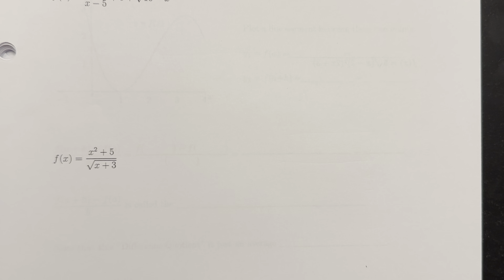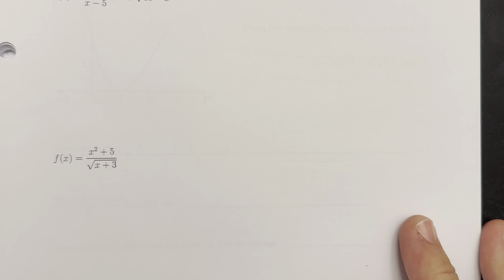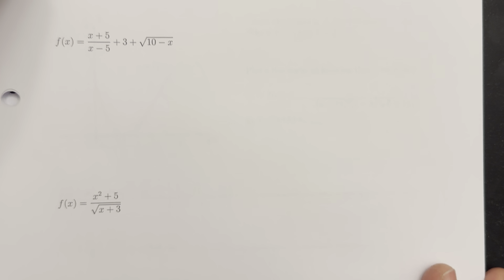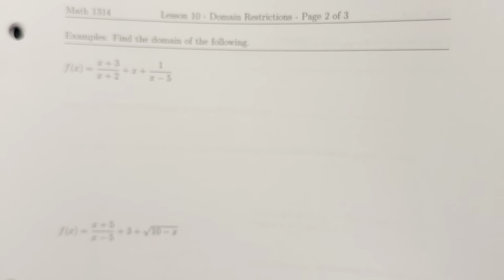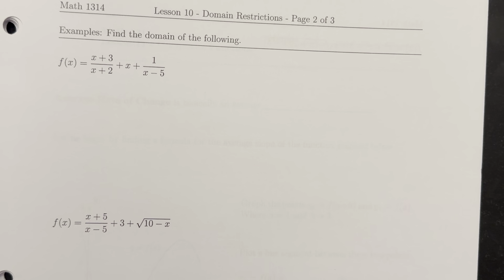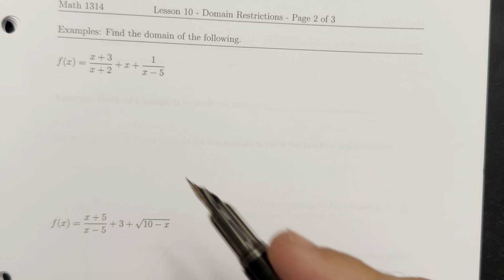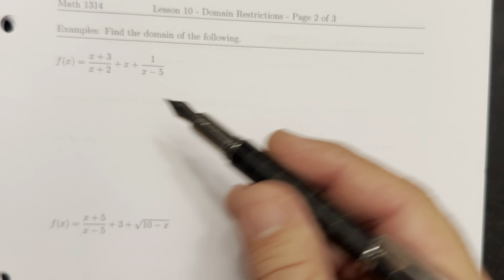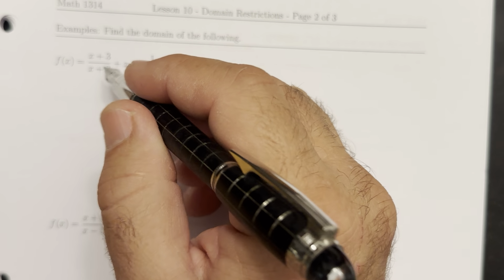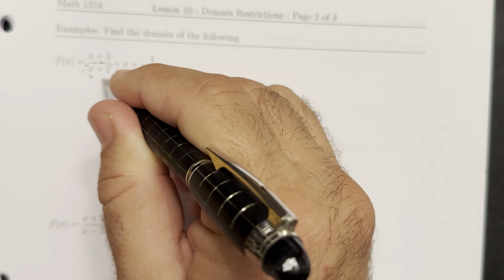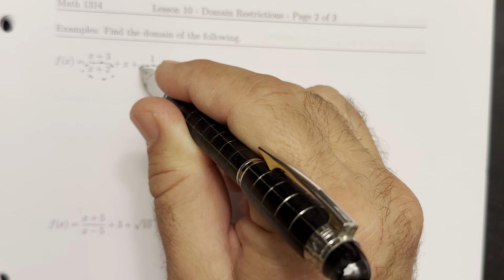Moving forward, we've got some more examples now. And so now we've got a couple of things going on. One, x plus 2. And we've got x minus 5.